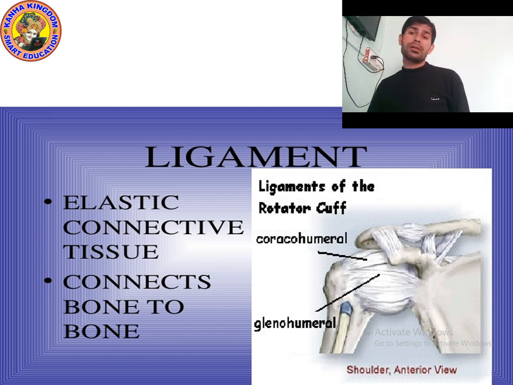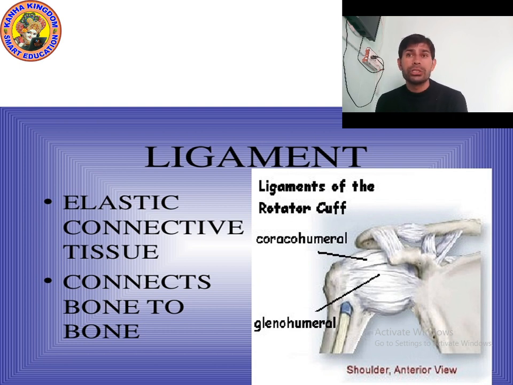What is tendon? Last time I also explained about tendon. Do you remember that tendon is a thread-like structure? Ligament is also a thread-like structure. If so, what is the difference between ligament and tendon?